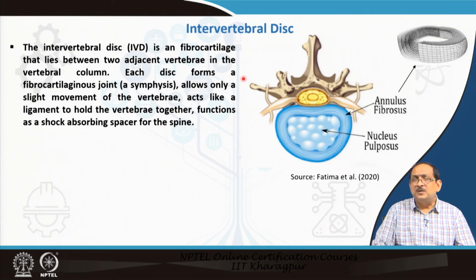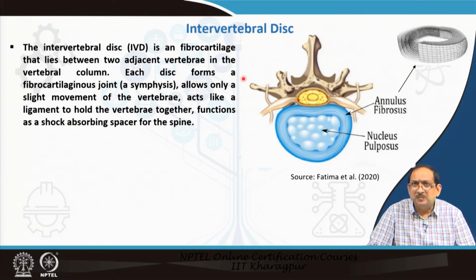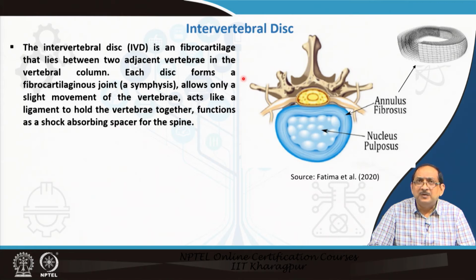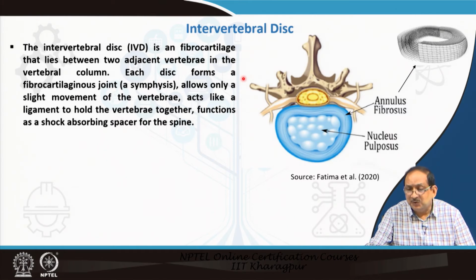Now, let us discuss more in detail the intervertebral disc. The intervertebral disc, as shown in the figure, is also known as IVD. In short, it is a fibrocartilage that lies between the 2 vertebrae in the vertebral column that we have already observed in the slides presented earlier.